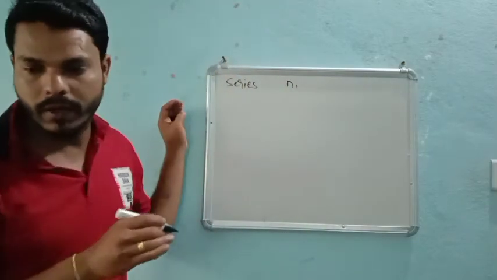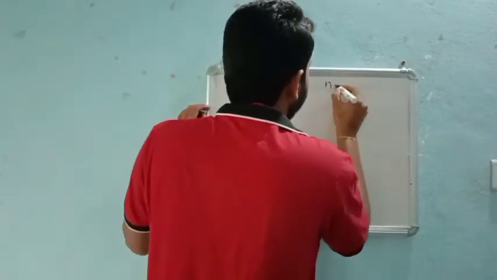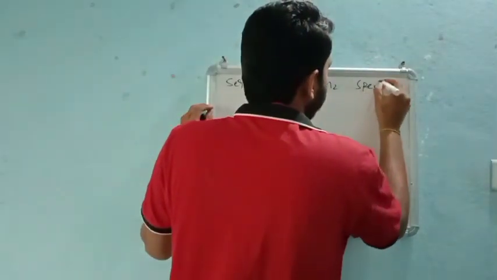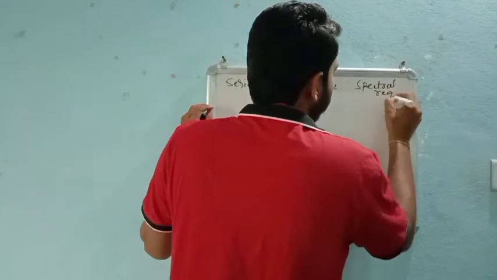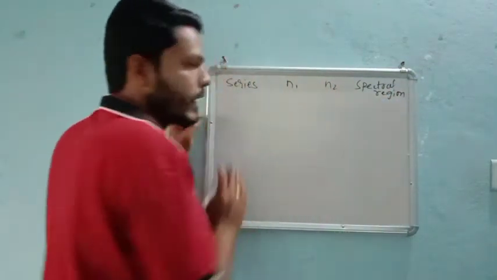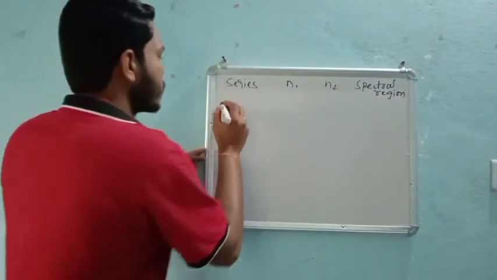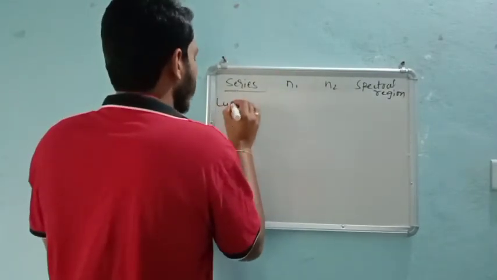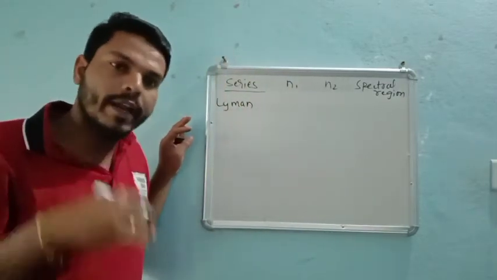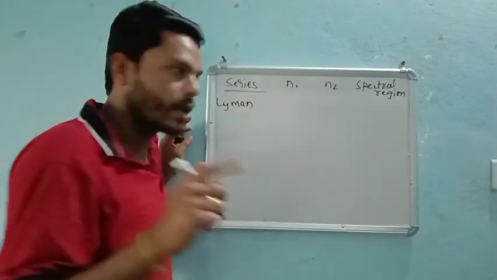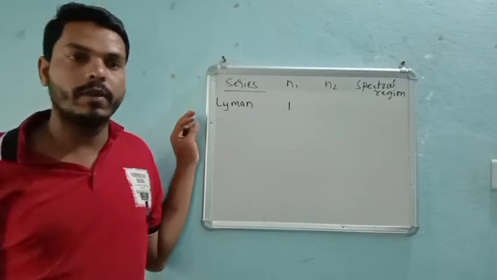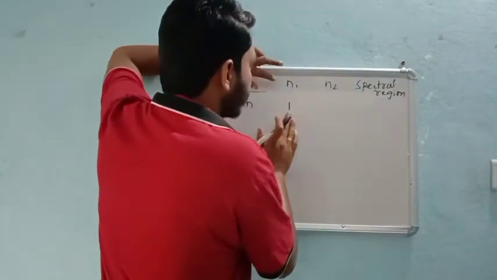Series, that means n1 the low energy state and n2 the high energy state, and next is the spectral region. So it is the lower energy state, and it is the higher energy state, right? So the first series, already we know, is the Lyman series. According to Lyman, the lower energy level was n is equal to 1, right? And n2, that means the higher energy, will be that electron.